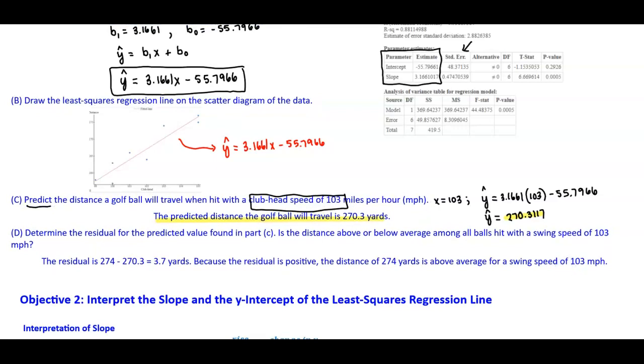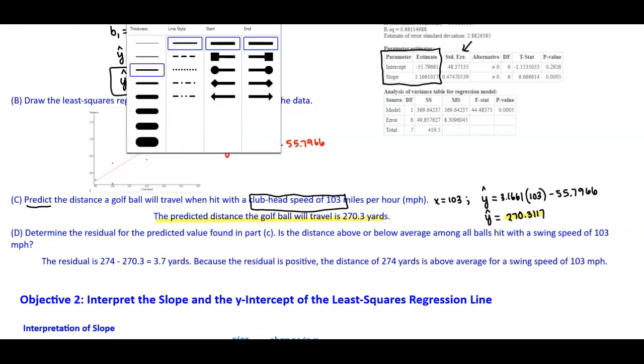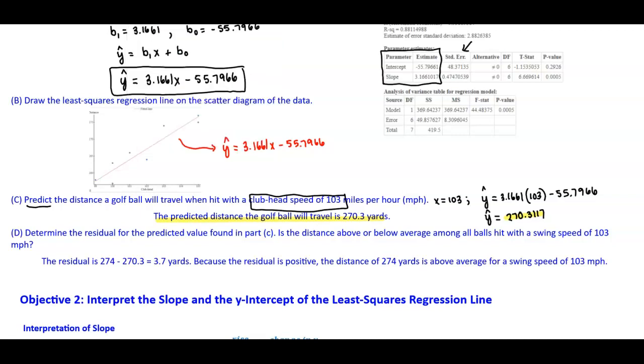Well, remember that the residual formula is equal to the observed Y value minus the predicted Y value.